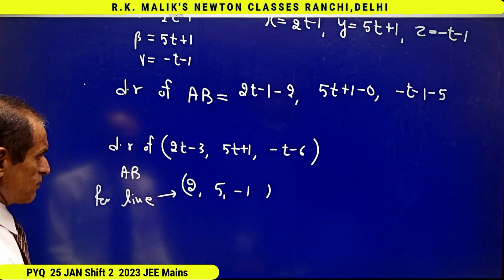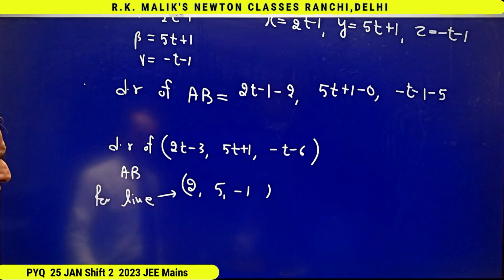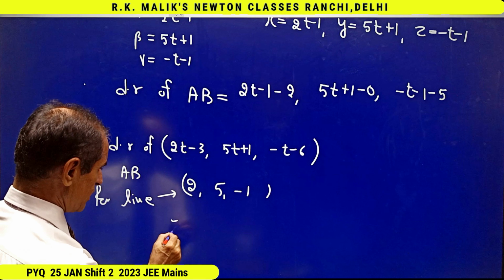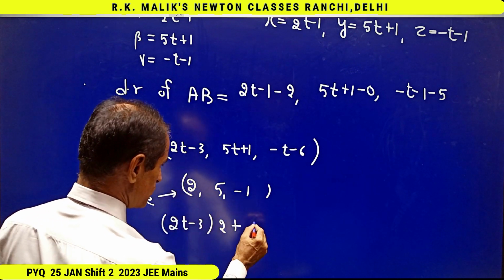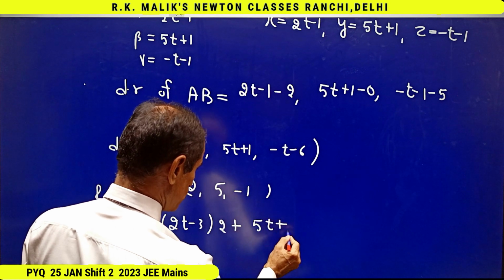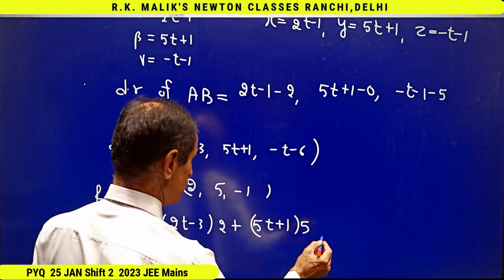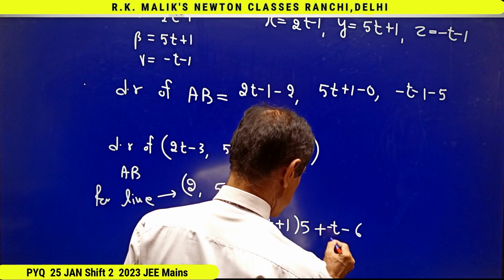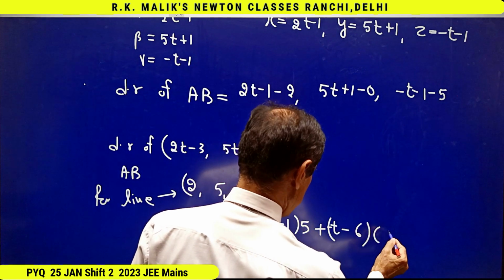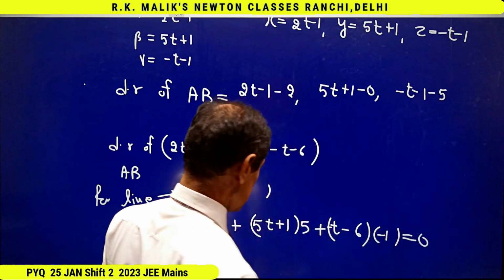Because AB and the line are perpendicular, I can say (2t minus 3) into 2, plus (5t plus 1) into 5, plus (minus t minus 6) into minus 1 is equal to 0.